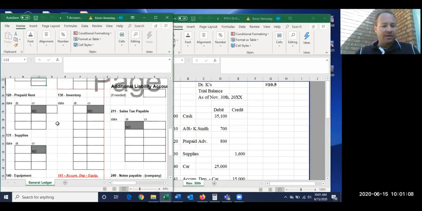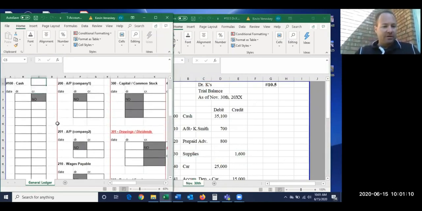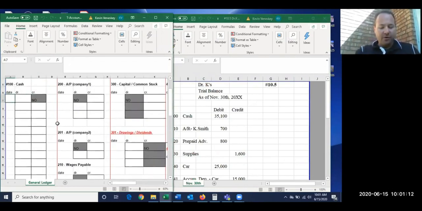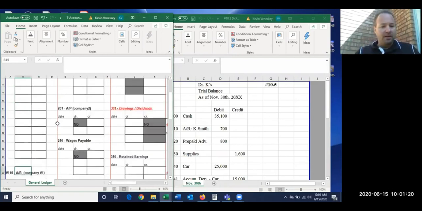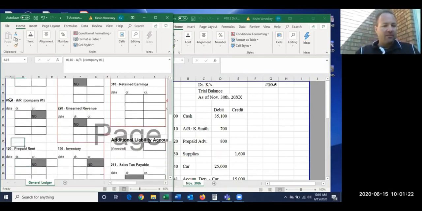All right, so the first thing you need to do is start entering the opening balances. We have cash at $35,100. Then we want to keep coming down and filling in the rest. Our AR, we can make K Smith.